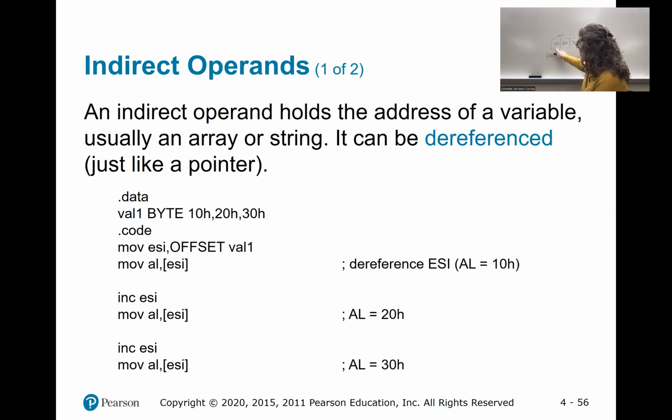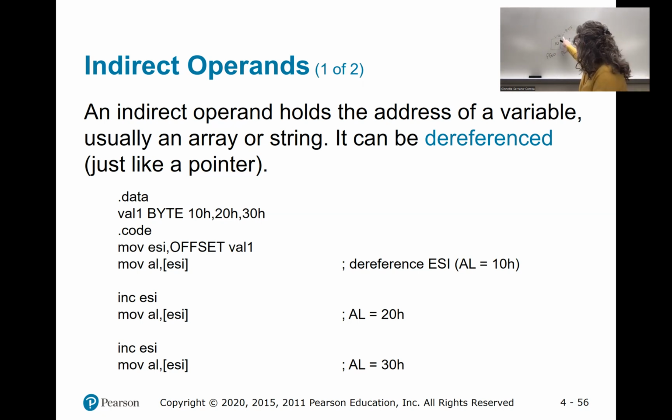So this first element begins at FFE0. If this is a byte array, this is at FFE1, and this is FFE2, because this is a byte array. This takes 1 byte size, 1 byte size, 1 byte size.